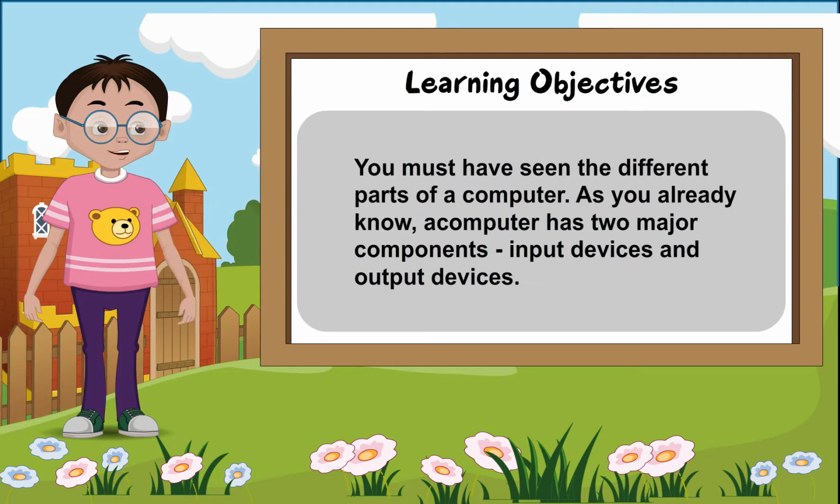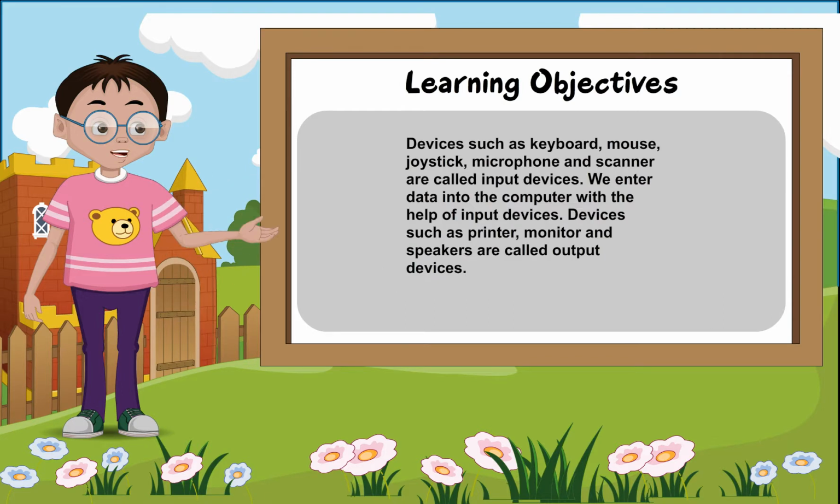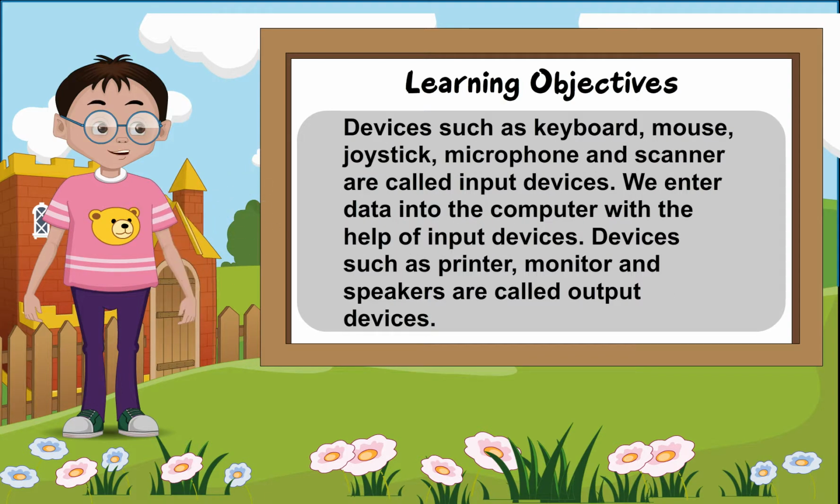You must have seen the different parts of a computer. As you already know, a computer has two major components: input devices and output devices. Devices such as keyboard, mouse, joystick, microphone, and scanner are called input devices.